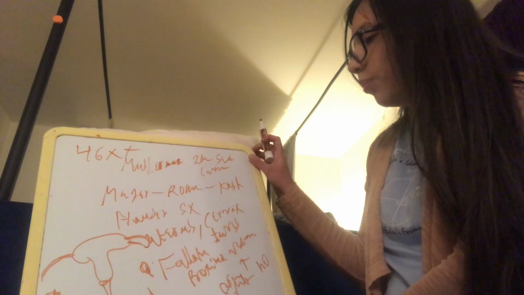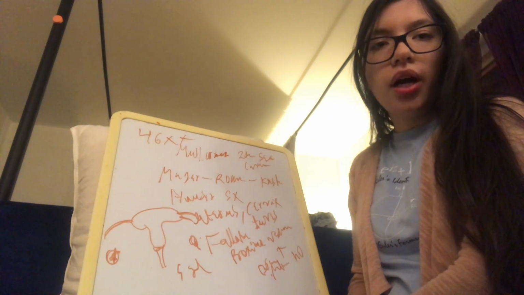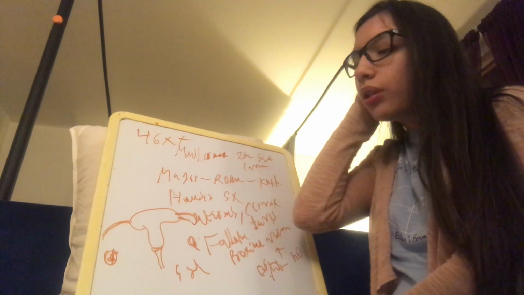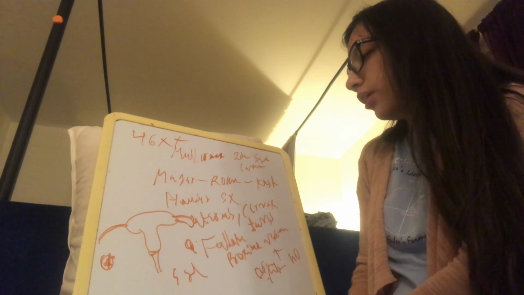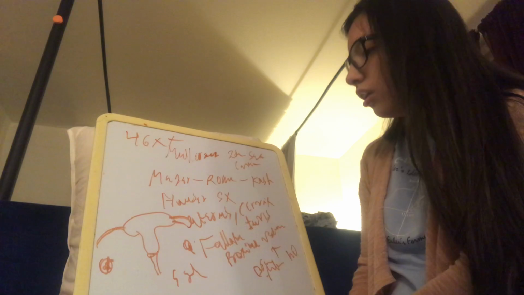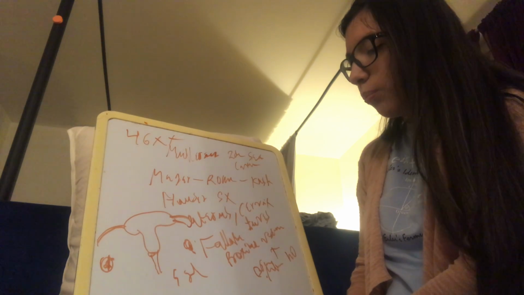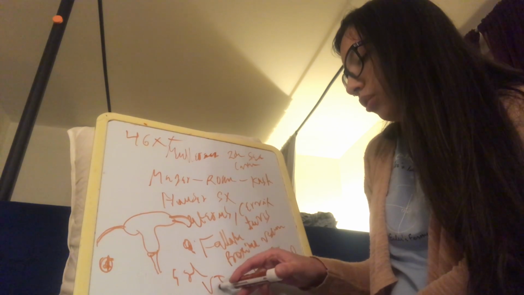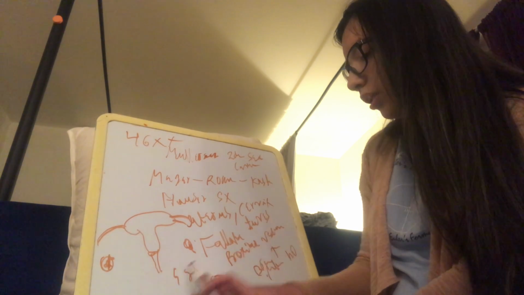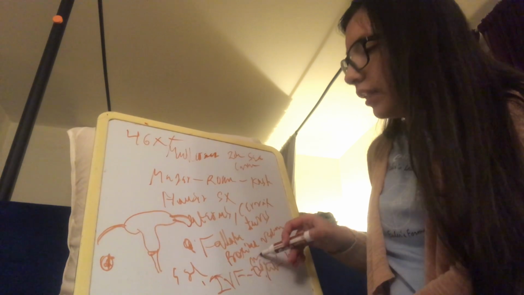Here the important issue would be a patient with primary amenorrhea, maybe with pain, something like that, and this is the diagnosis. These patients can become pregnant, but they will need in vitro fertilization with a surrogate.